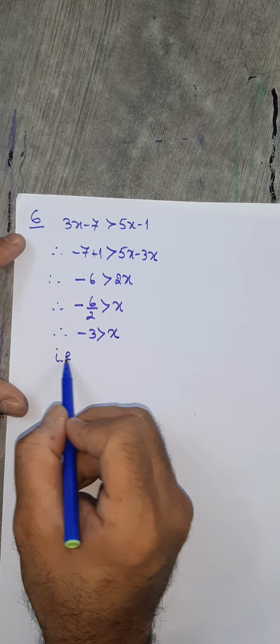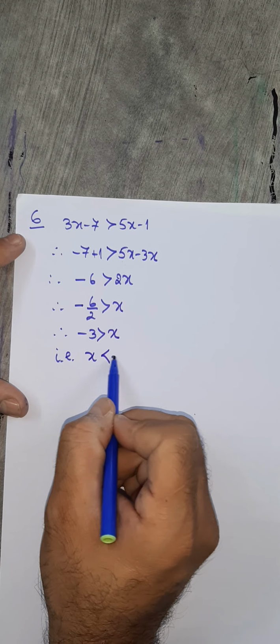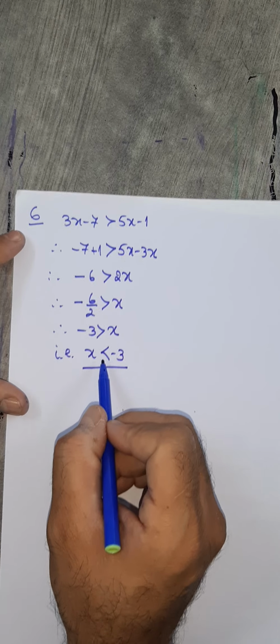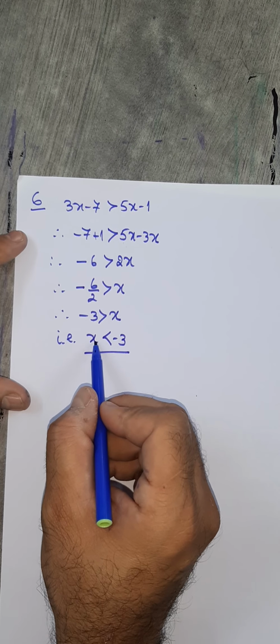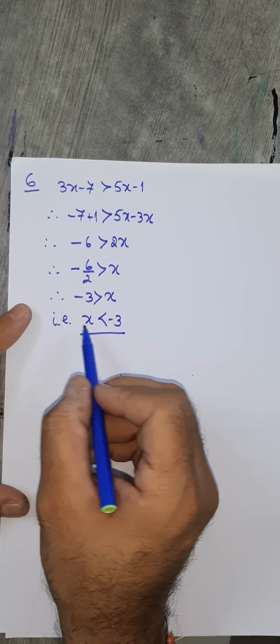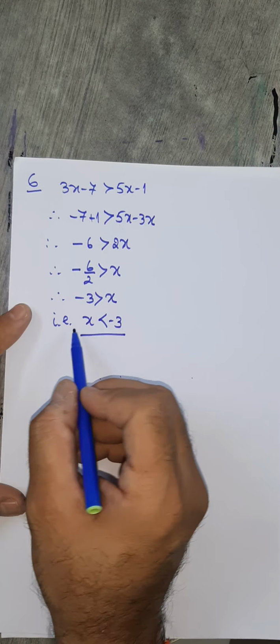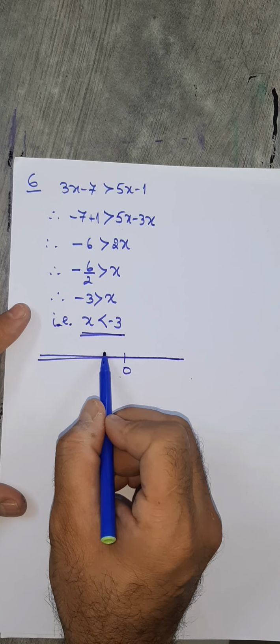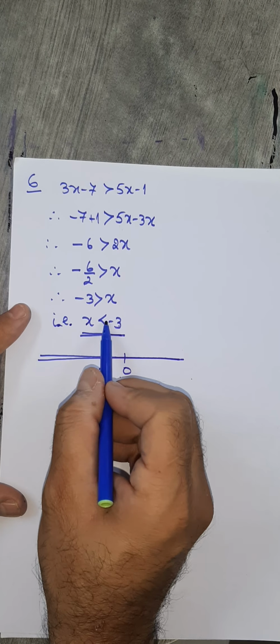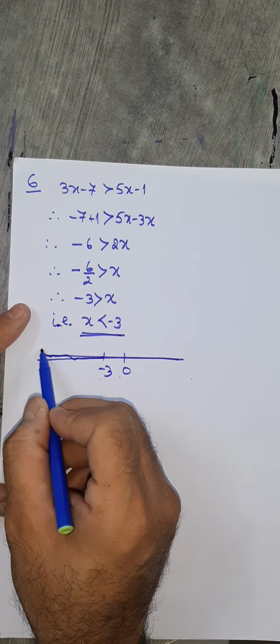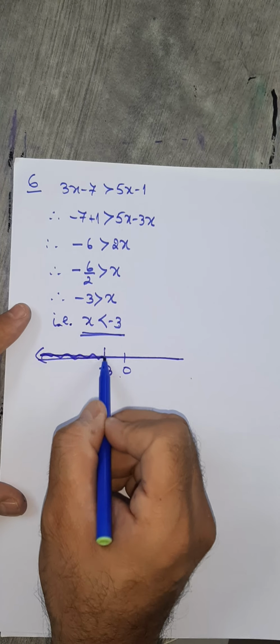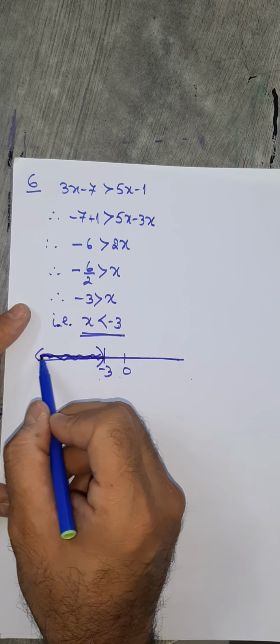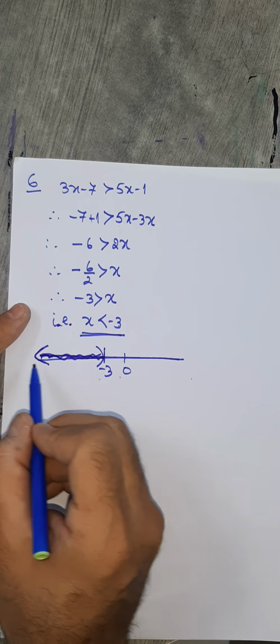That means if I rewrite, x is less than minus 3. This is the same as this. Here x is on the RHS, I wrote it on the LHS. What's the meaning of this? That means every real number less than minus 3. Suppose this is 0, this is minus 3. Less than minus 3, that is this side. So where will it go? It will go up to minus infinity.